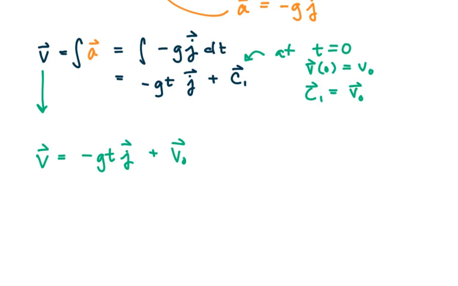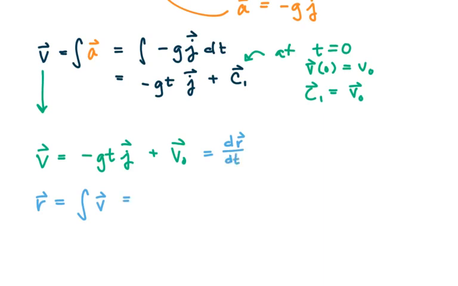Further expanding, what we know is that my r vector is going to be the integral of my v vector, right? The first derivative of position is velocity, therefore the integral of velocity will give us position. So my velocity vector here is really the derivative of position r with respect to t.